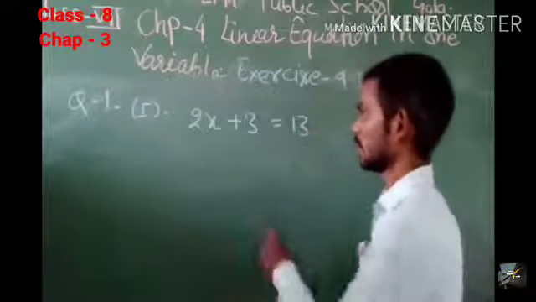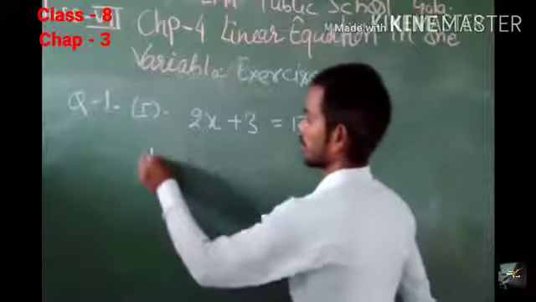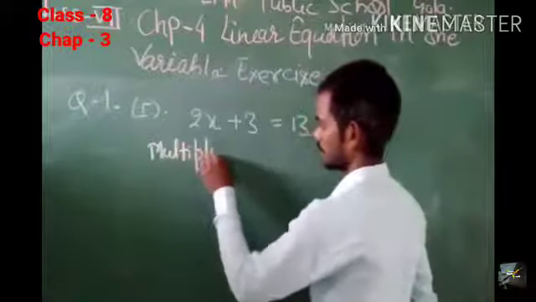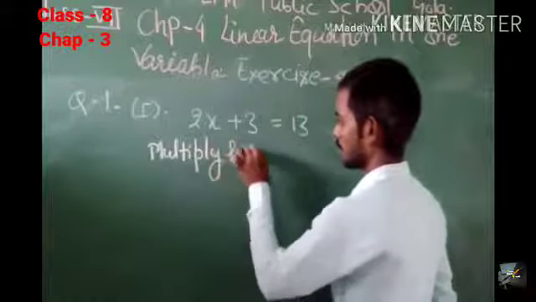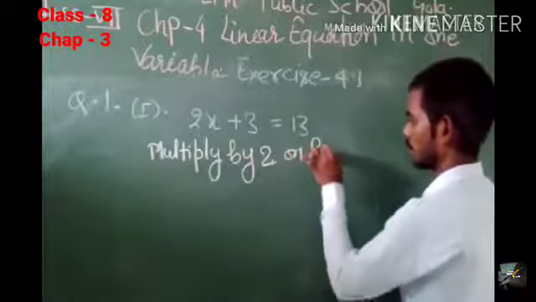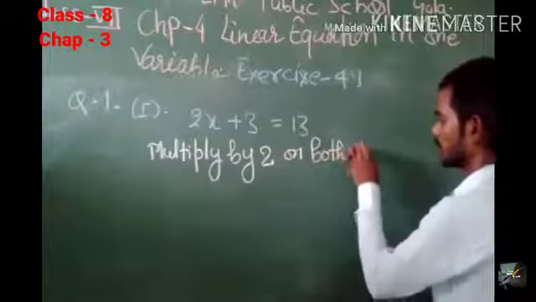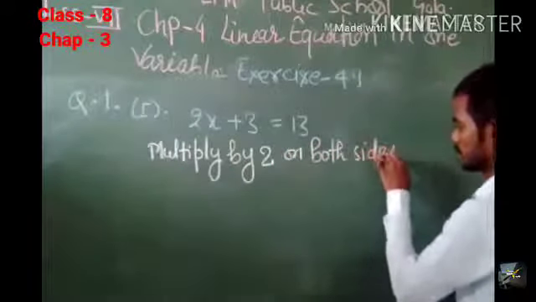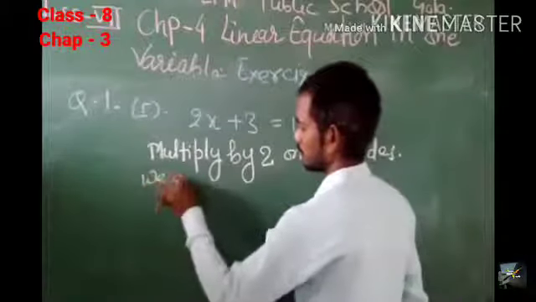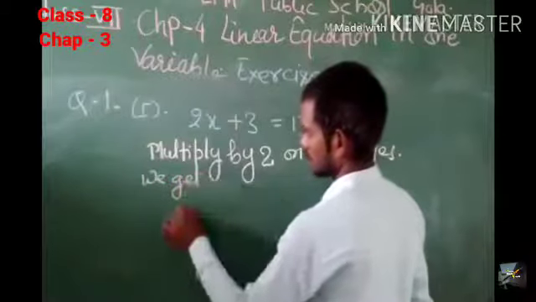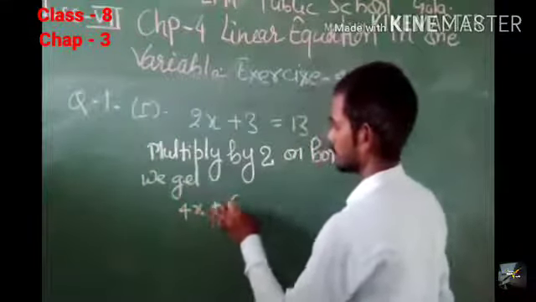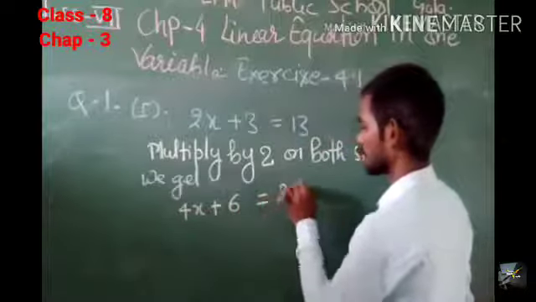For this, let us solve this. Multiplying by 2 on both sides, we have 4x plus 6 is equal to 26.